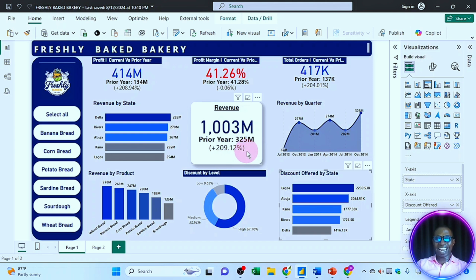Now, in analyzing these reports, we came to realize that the prior year that we are comparing with this current year is 6 months. So at times, investors may want to invest in a business like this, looking at it, wow, it has the revenue surge by over 200%, even the profit as well, over 200%.